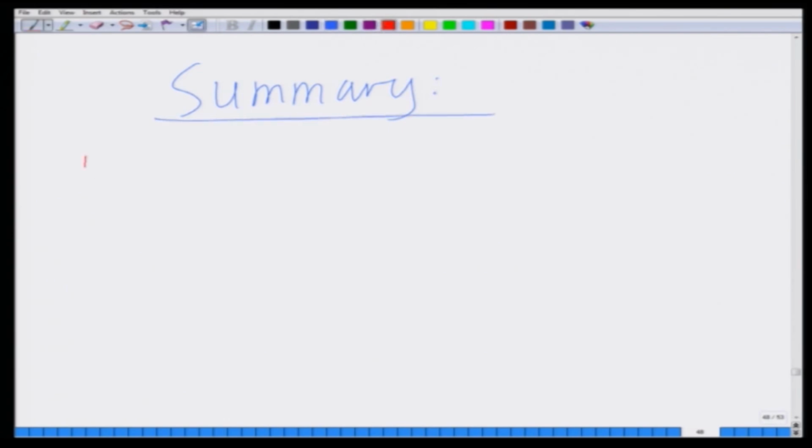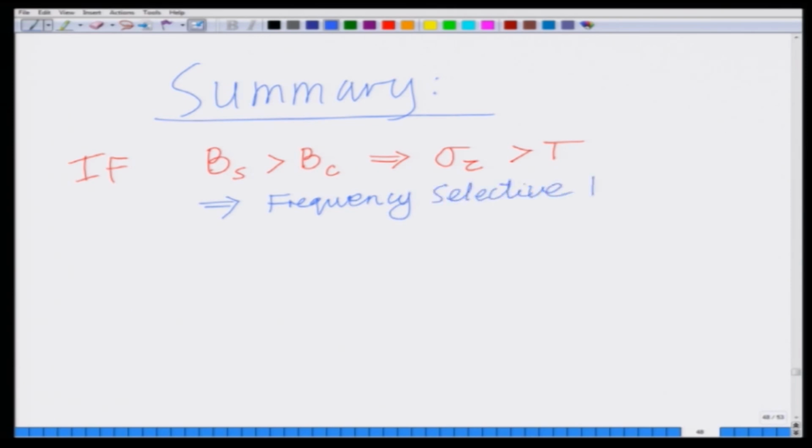The summary is, if Bs is greater than Bc, this implies that sigma tau is greater than T, which implies frequency selective fading, which also implies ISI, which is intersymbol interference.